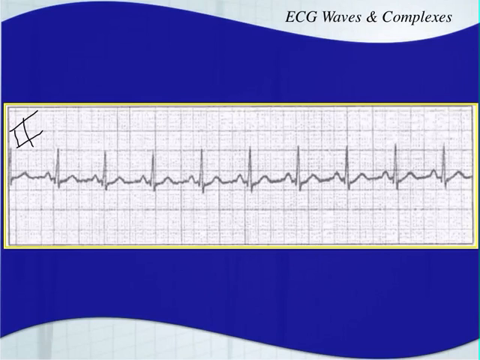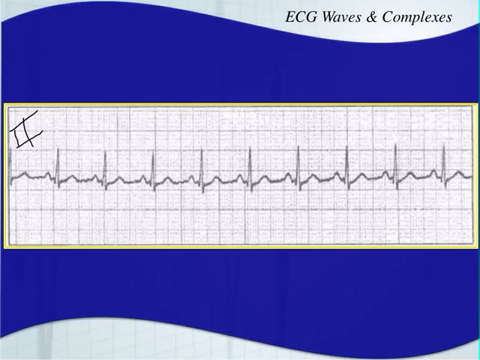Whenever the electricity of the heart is traveling towards the positive electrode, it's going to show up as a positive deflection on the EKG, above that isoelectric line. And whenever the depolarization wave is traveling away from the positive electrode, it's going to show up as a negative deflection.